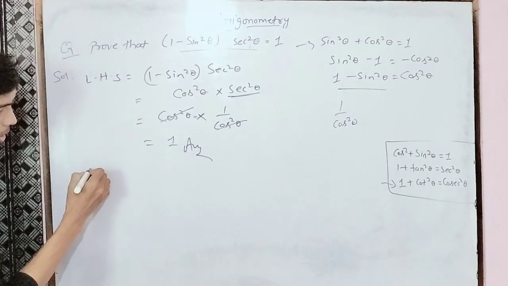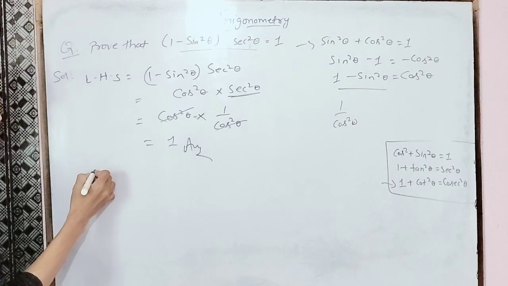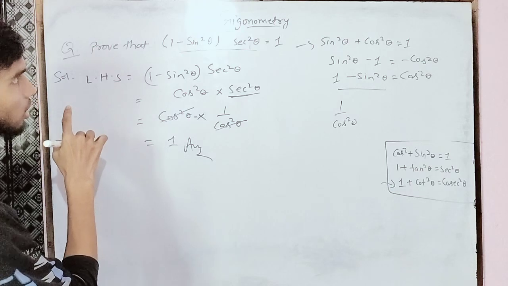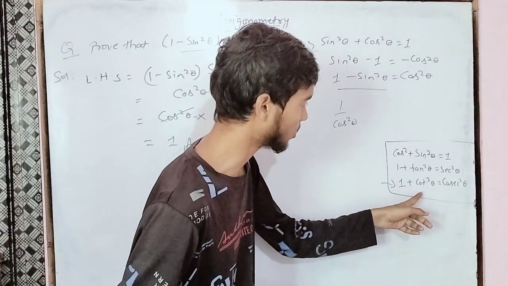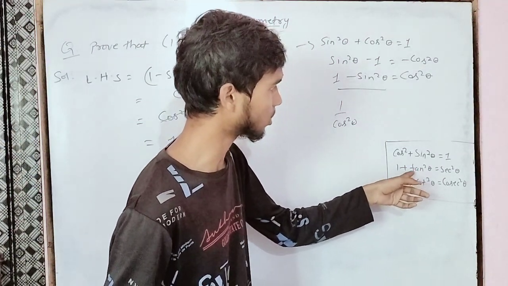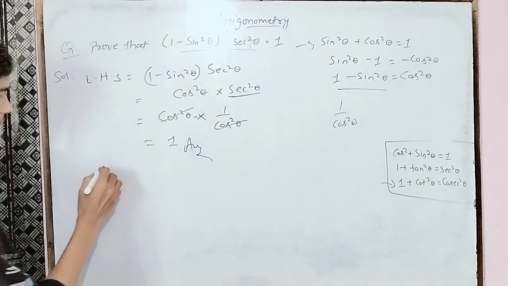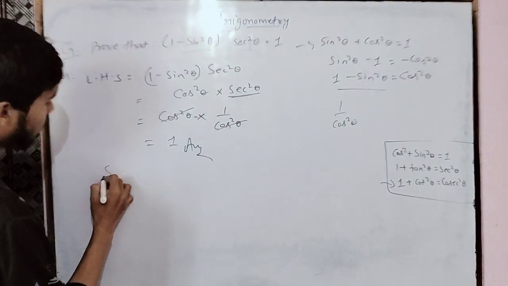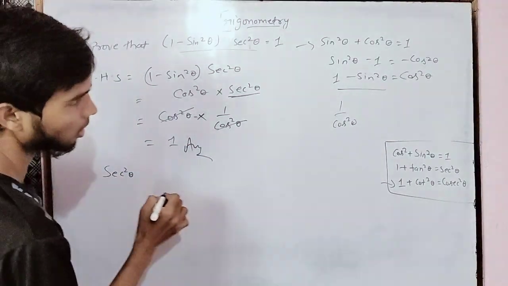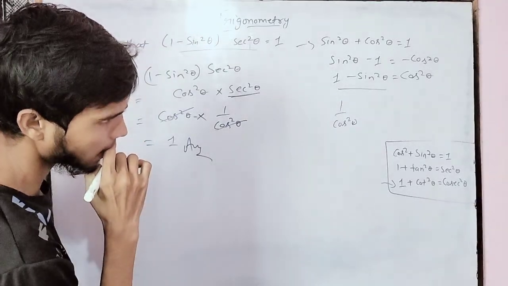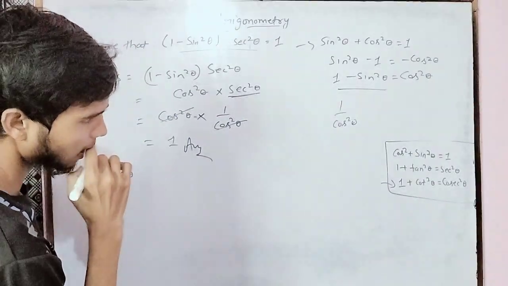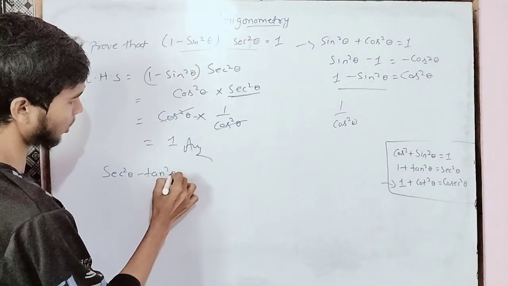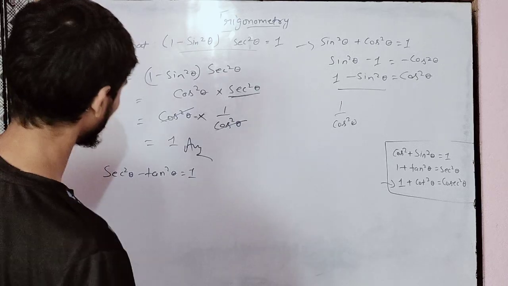How? Let's see. 1, okay, 1 is what? And here we have sec square theta. So we can apply this square. Can you say sec square theta minus tan square theta is equal to 1, isn't it?